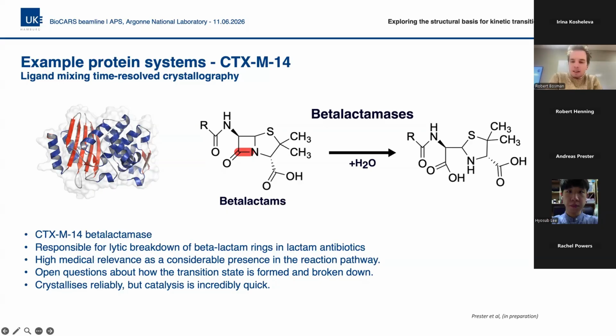It's got a really high medical relevance, and there are lots of interesting open questions about how exactly the beta-lactamases facilitate this chemical process. It's also quite readily crystallized. The issue always with the beta-lactamases is they're quite fast. The glucose isomerase, especially at room temperature, and I'll talk more about this, is quite slow. And we also have a more challenging, slightly more relevant case in the beta-lactamase.